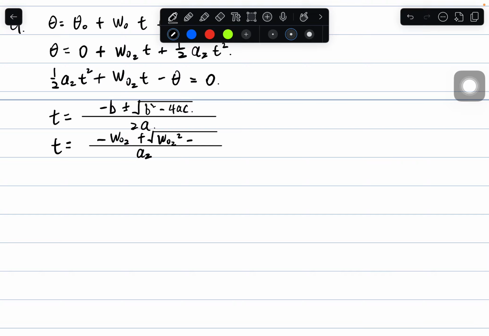Since c is negative pi and there's a minus sign, it turns to positive, so plus 4 times 1/2 αz times θ, which is 2αzθ.